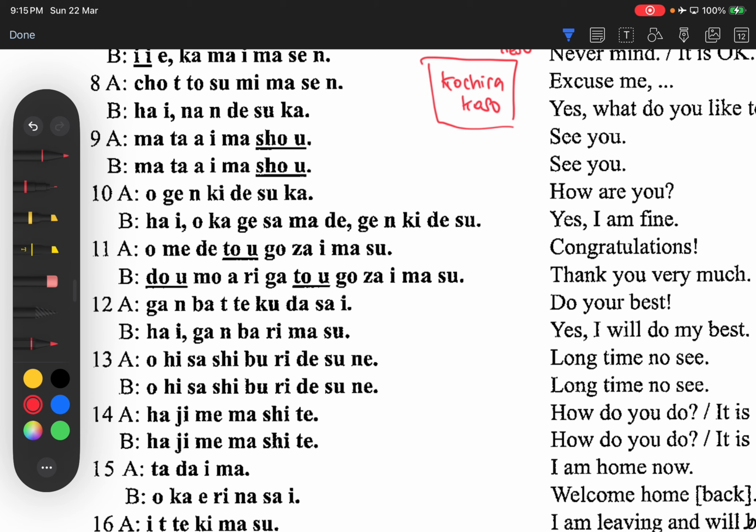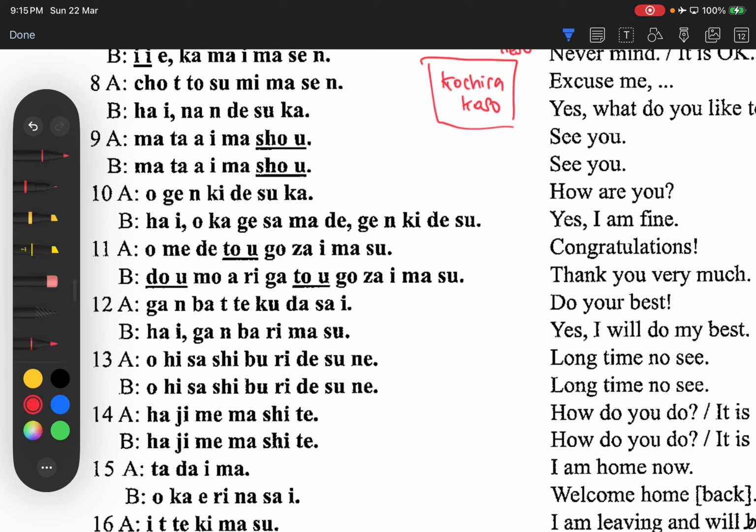What does okage-sama de mean? It's like thanks to you, I'm good. Thanks to you, I'm healthy. Or thanks for asking, I'm healthy. So you are thanking the person for contributing to your health, which they never do anything lah. But still you need to thank them, because you want to show that you are humble.